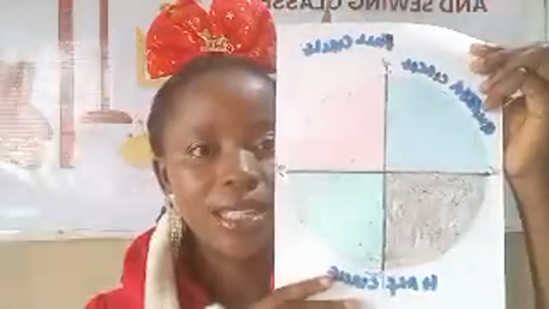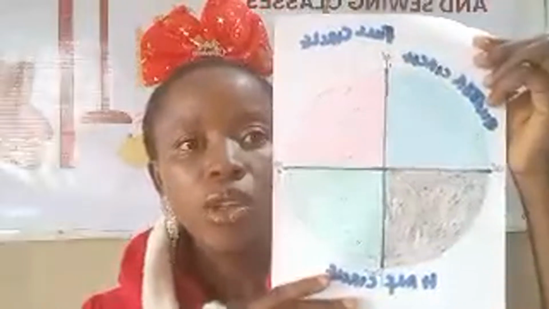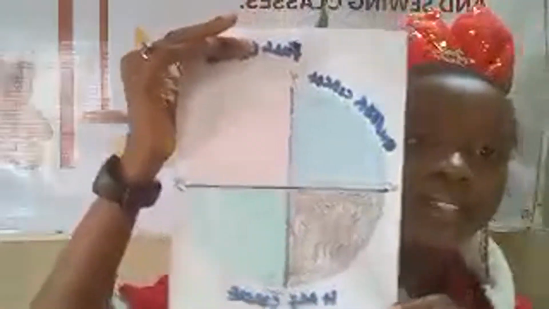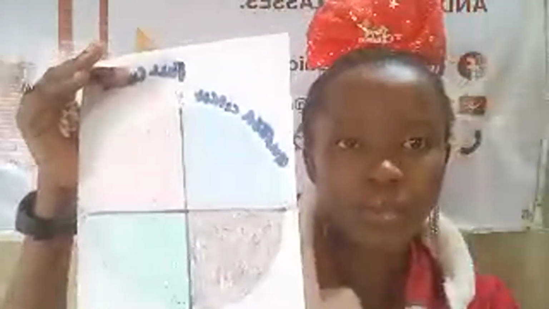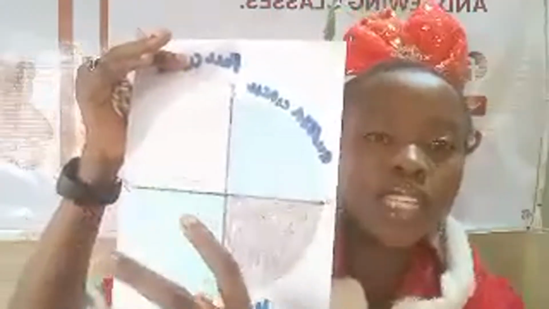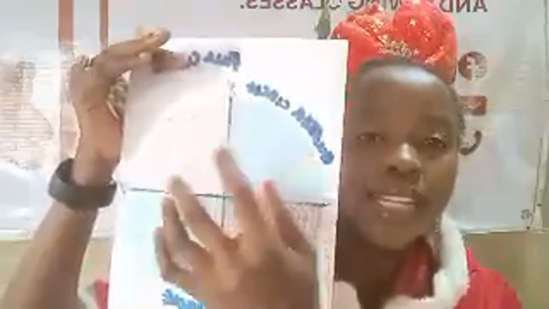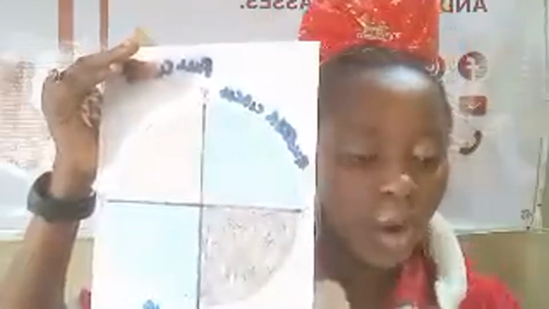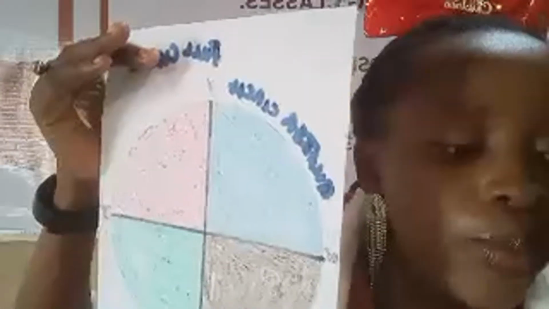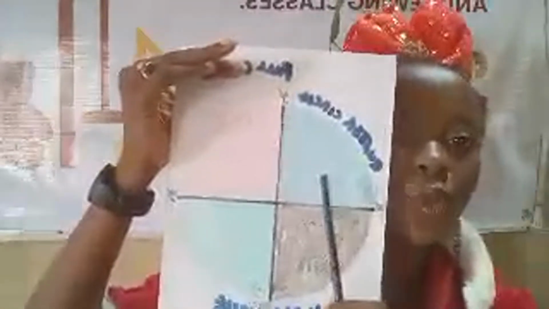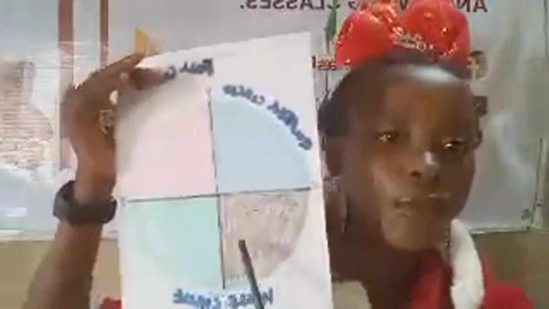Can you see this, right? So a full circle is 360 degrees, just like you're seeing here. Each section of the circle, divided into 4 like this, is 90 degrees, and the complete circle is 360 degrees. It is 1, 2, 3, 4.